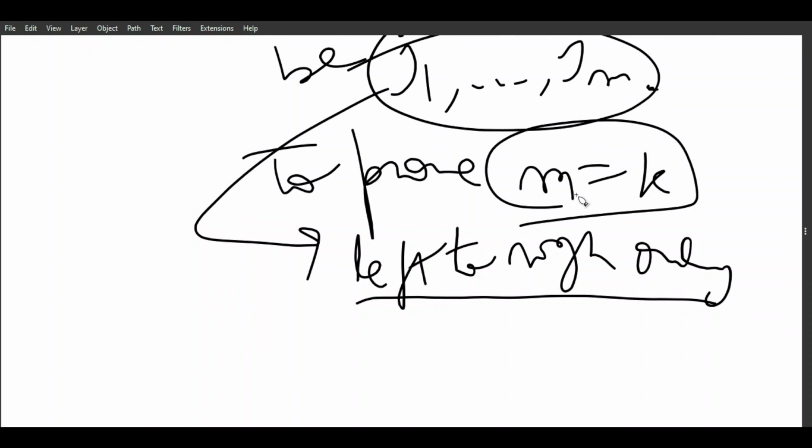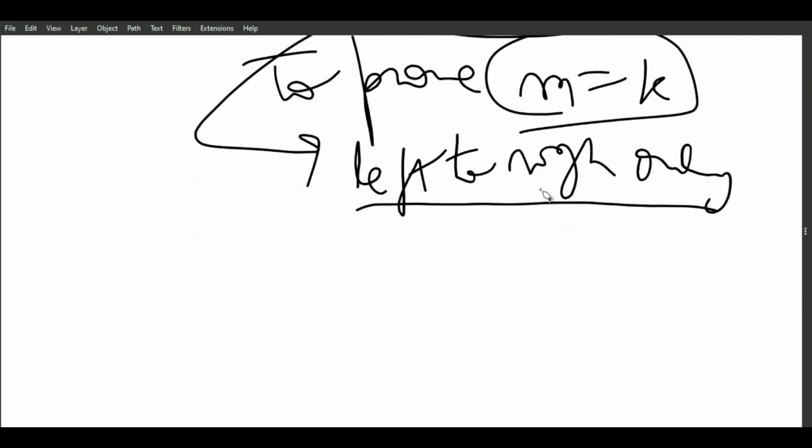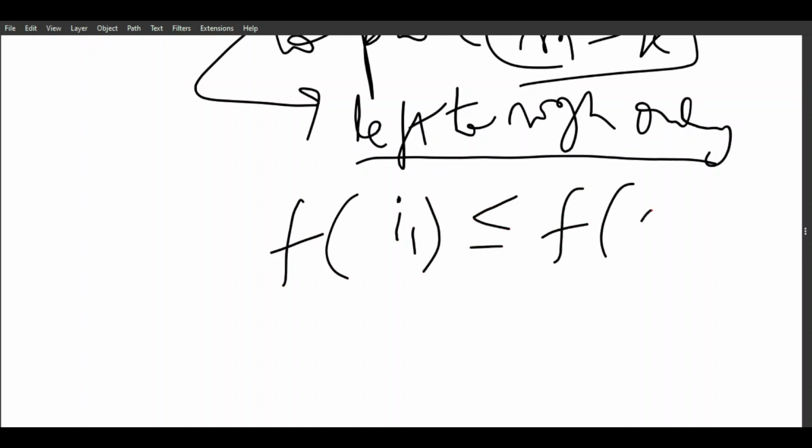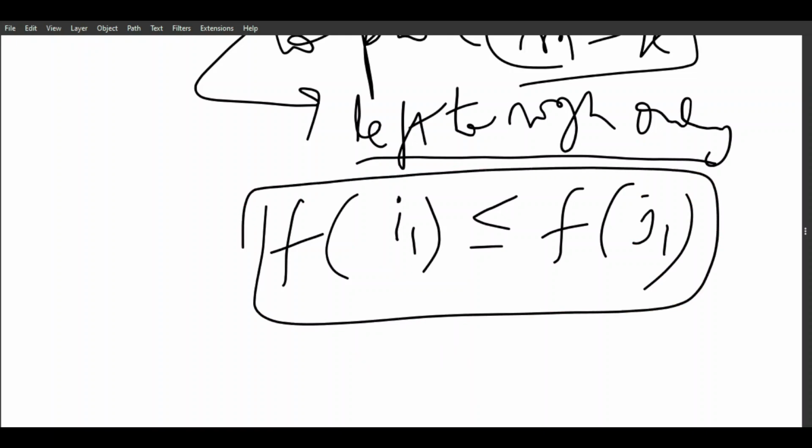Now we make one observation: the finish time of I1 is at most the finish time of J1. Why? Because our algorithm follows smallest finish time first.